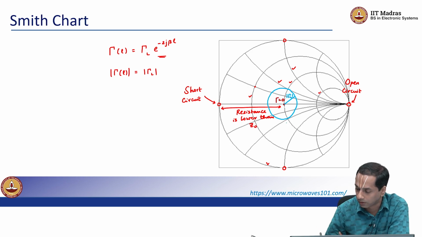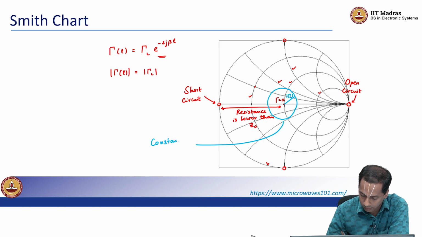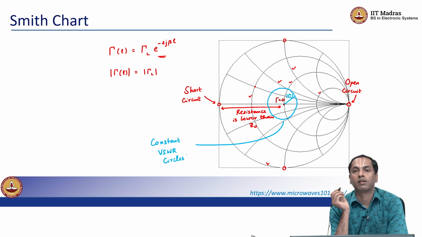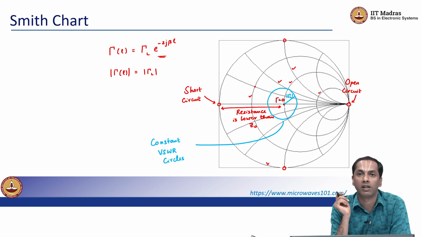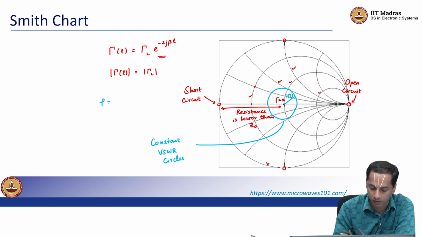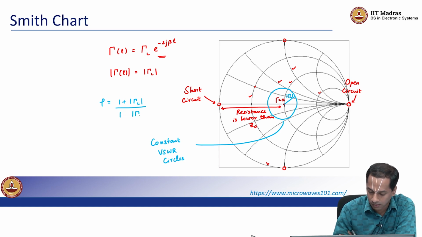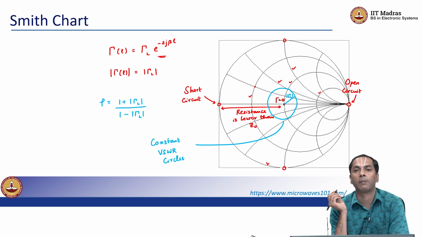So these are also called constant VSWR circles, right. For all loads that are on this blue circle, you will have the same voltage standing wave ratio. Why? Because rho, which was V max by V min, simply depends on the modulus of gamma L, right.